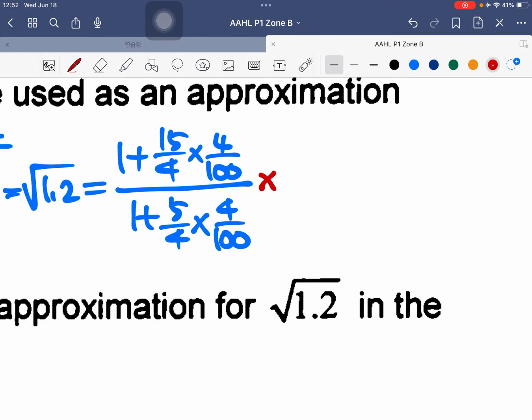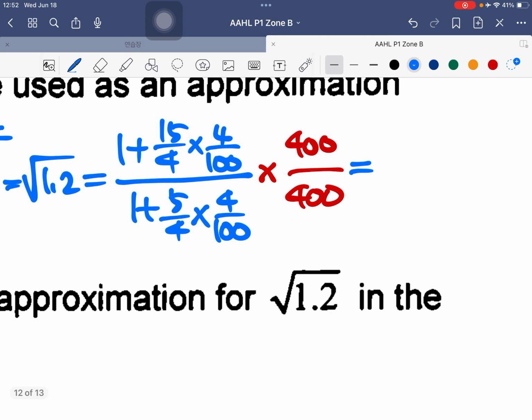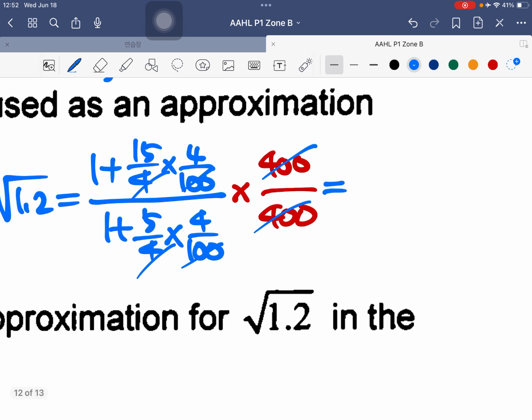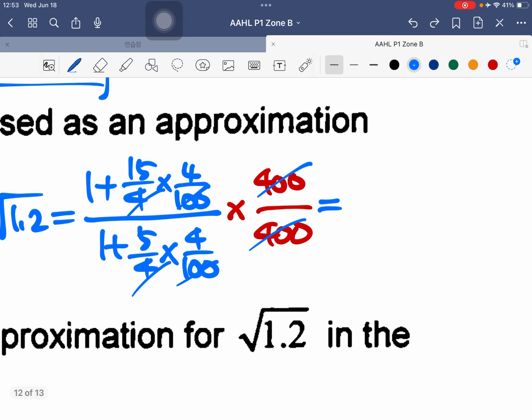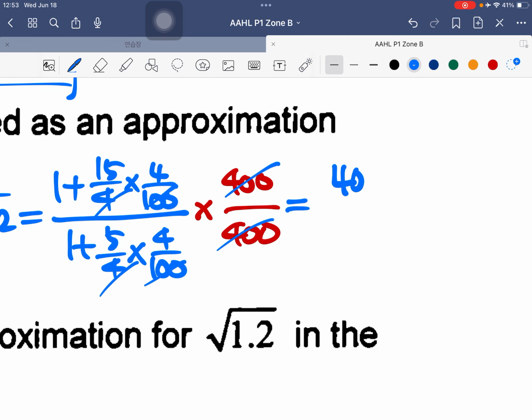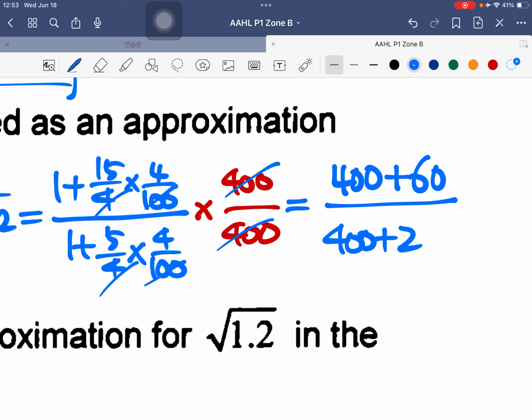We multiply 400 on top and 400 on the bottom, and this cancels out, this cancels out. So 400 on the top means we got 400 plus 60, divided by 400 plus 5 times 4, which is 20.